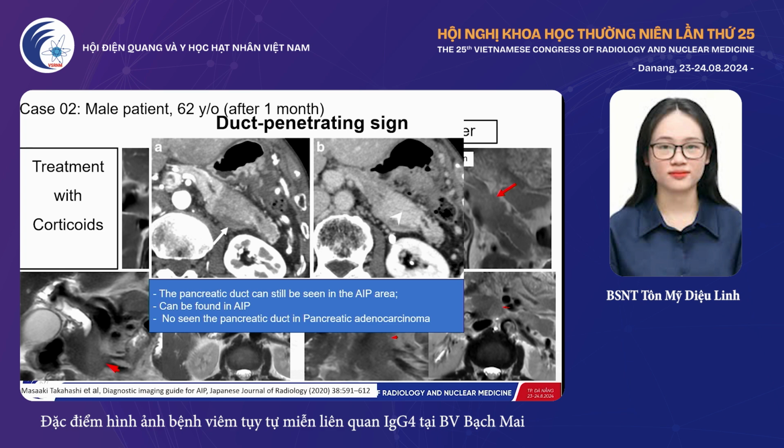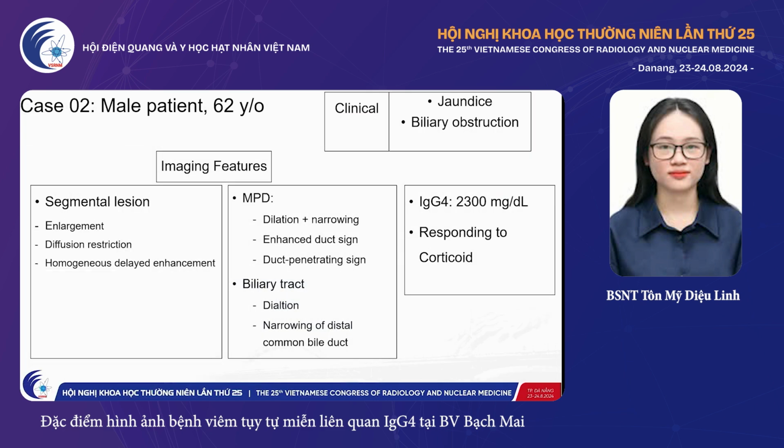And it is a duct penetrating sign that can be found in AIP and not seen in PDAC. So in summary, the male patient with biliary obstruction symptoms and imaging features mentioned before responded to corticoid and had dramatic elevation of IgG4. So the last diagnosis is AIP according to JPS 2018.